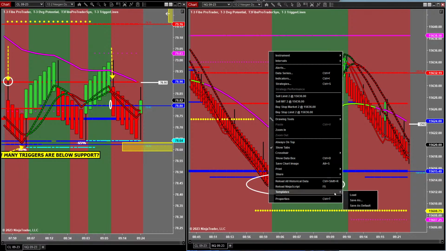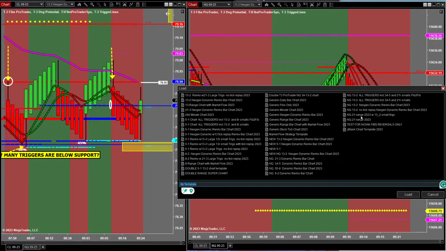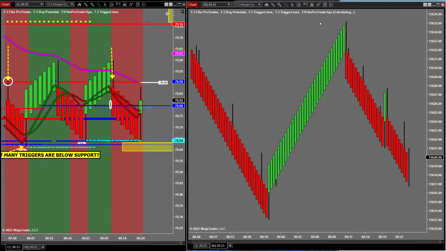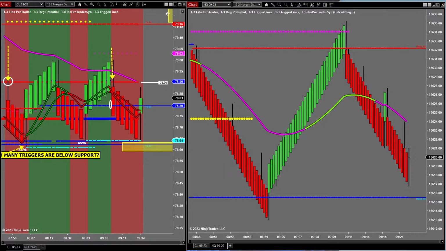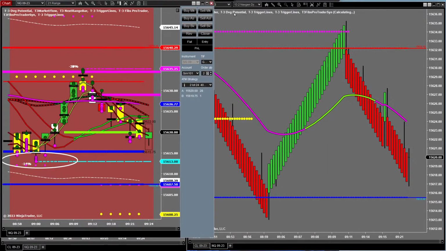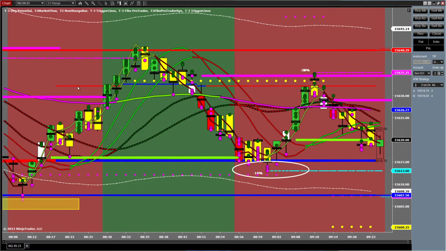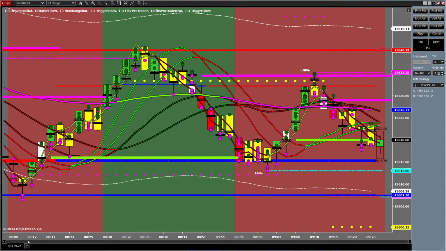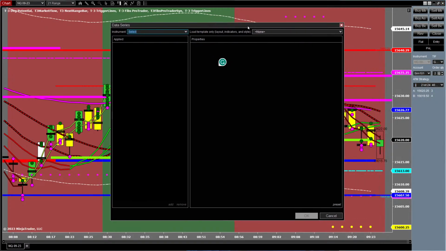That's not the right template, is it? Let me load the NASDAQ template. Yeah, so here, watch. I'll do it on the range chart since I still have that one to go. So essentially what you do, and let me clean up these drawing objects, is click this little tab down here at the bottom, and it's basically create a new chart.